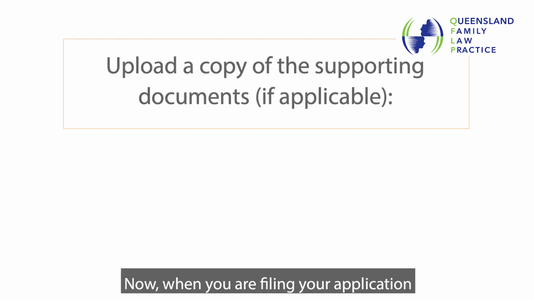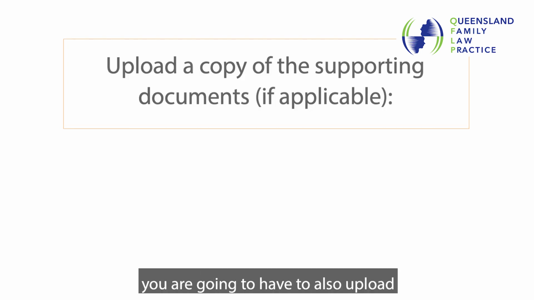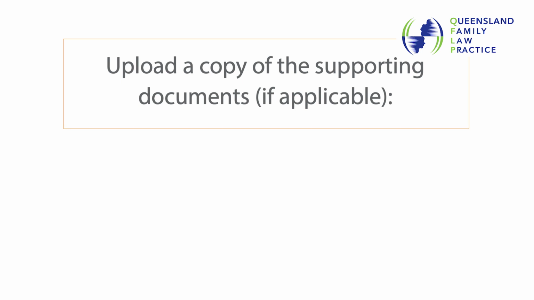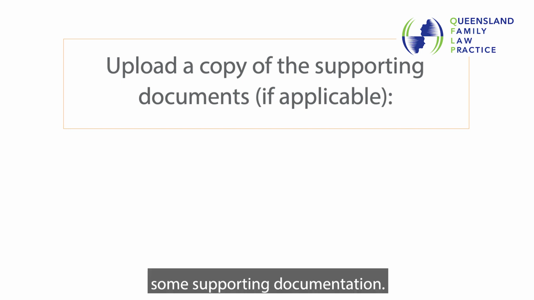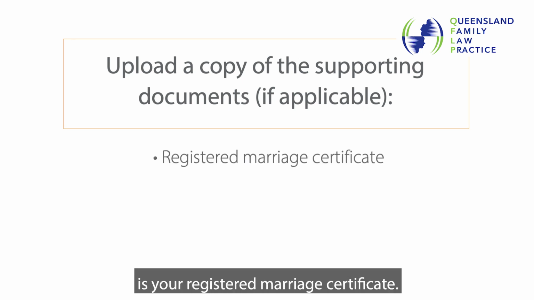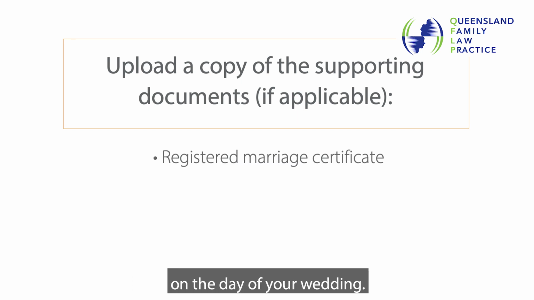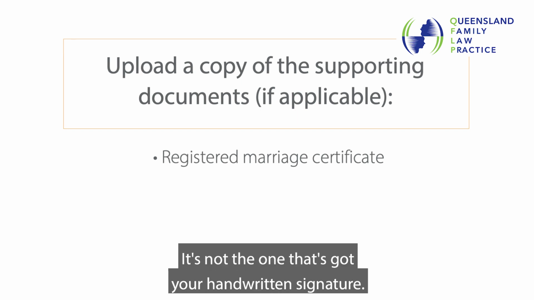Now, when you are filing your application for a divorce online, you are also going to have to upload some supporting documentation. The supporting documentation you're going to need is your registered marriage certificate. This is not the certificate that you signed on the day of your wedding, the one with your handwritten signature.